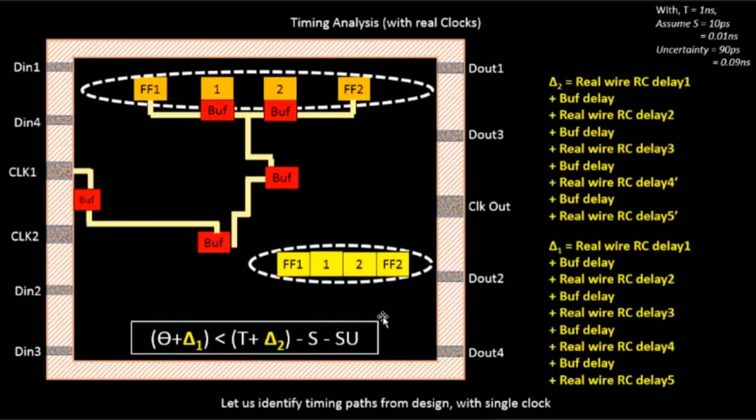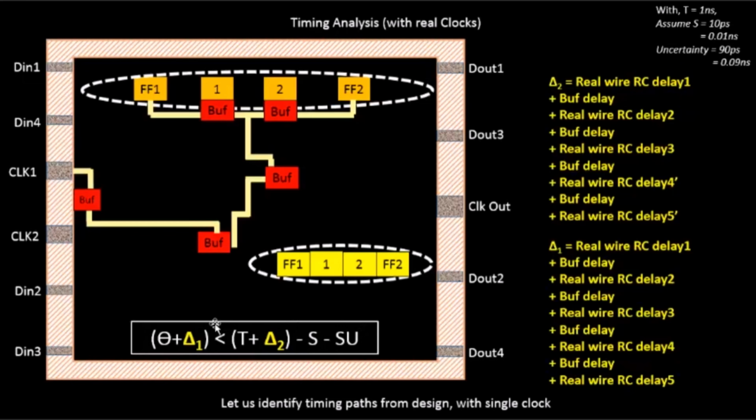So the defining equation for setup becomes something like this. Your combinational delay plus launch clock network delay should be less than the clock period plus the capture clock network delay, minus the setup time, minus the setup uncertainty.